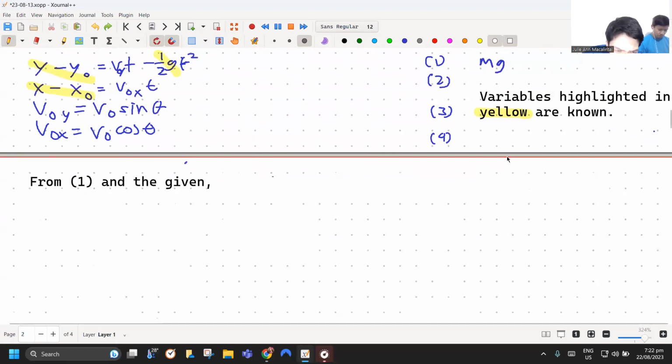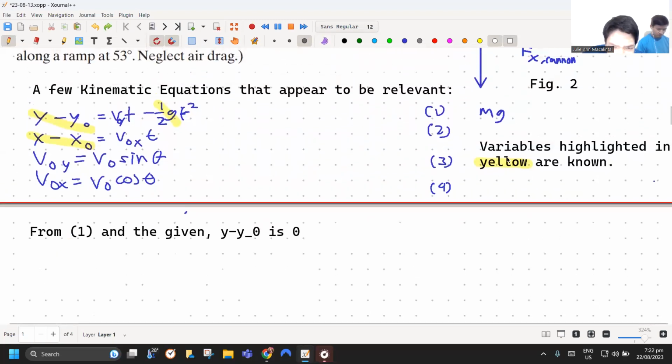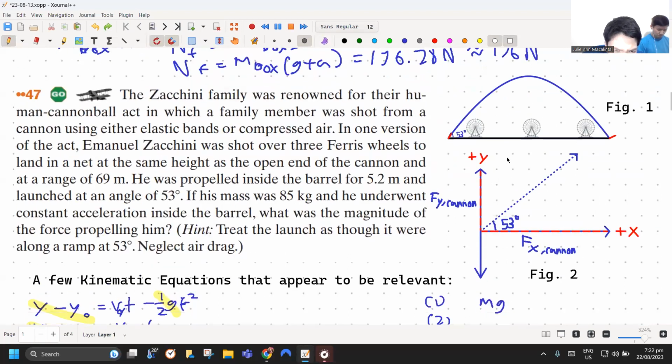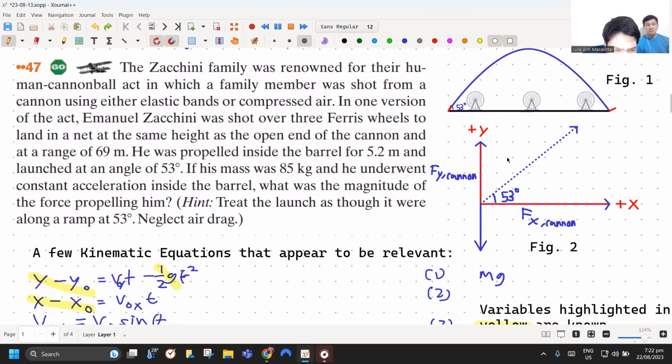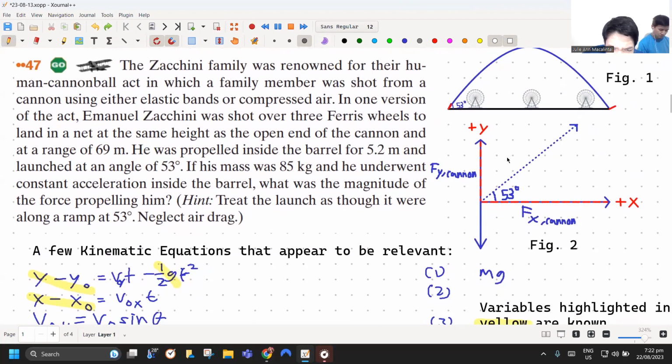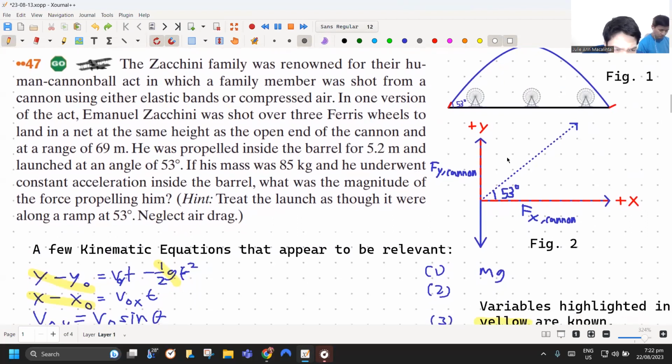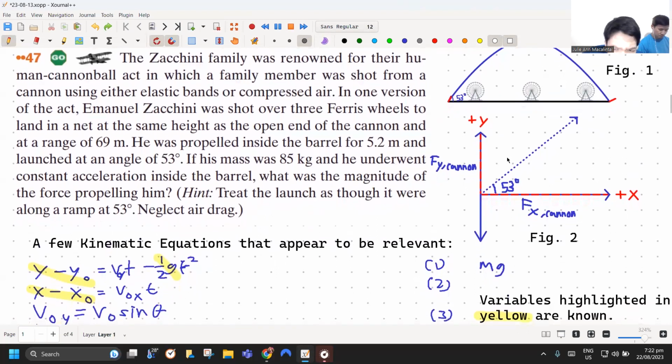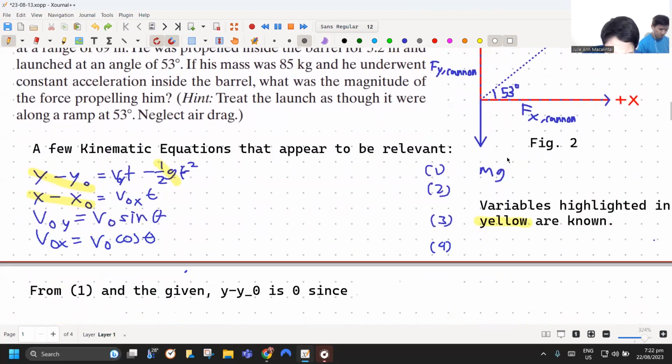Okay, so from 1 and the given, y minus y0 is 0, because, as it says in the problem, Zacchini was shot over 3 Ferris wheels to land in a net at the same height as the open end of the cannon. So it means his end height is the same as the start height, so y minus y0 is 0.